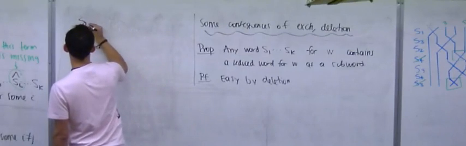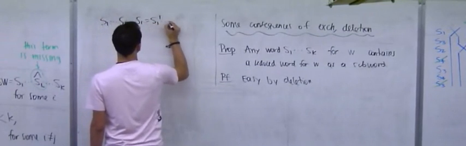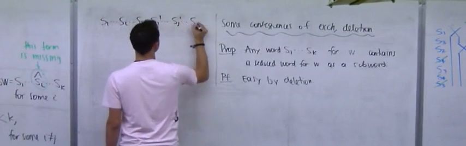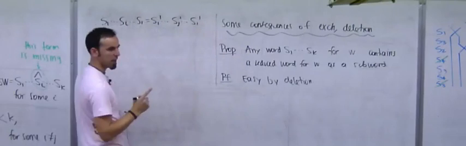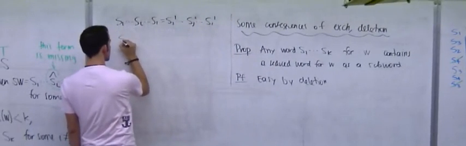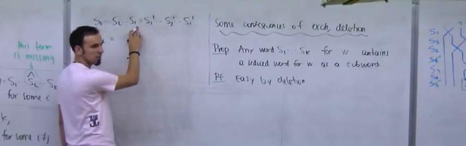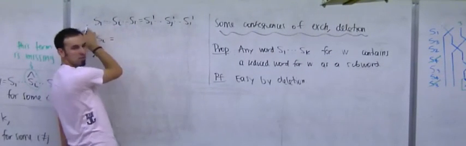Okay, let me rewrite that here. And now let me solve for Si. Okay. How do I solve for Si? Basically by multiplying on the right by all of these guys in the correct order, and multiplying on the left by all of these guys in the correct order.